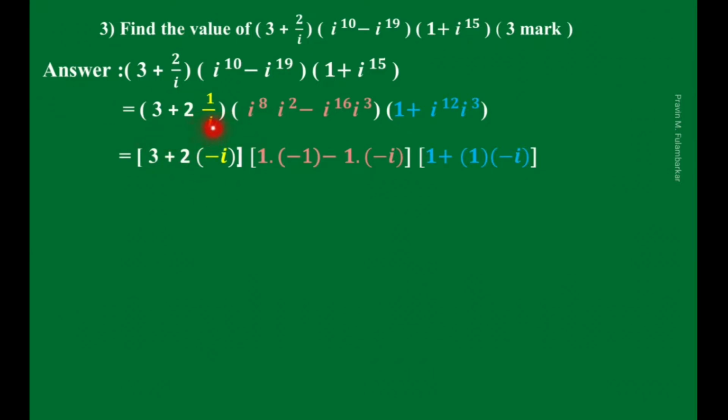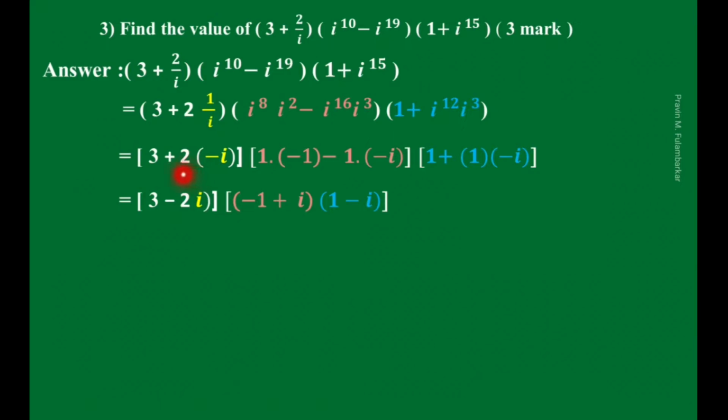So we write 1 by i as minus i. i raised to the power 8 is 1, i square is minus 1, i raised to the power 16, its value is 1, i raised to the power 3 is minus i. Here i raised to the power 12 is 1, and i cube is minus i. Now simplify the terms.